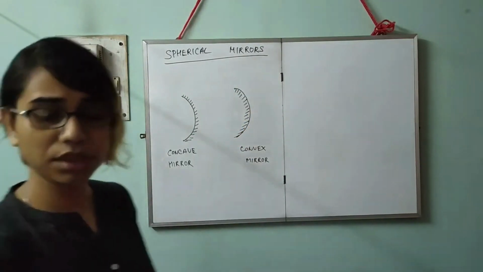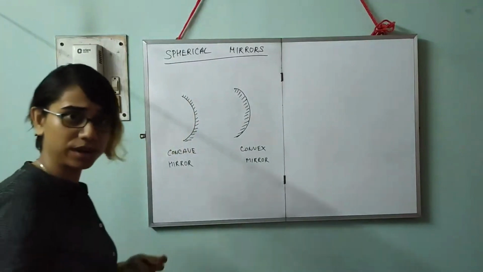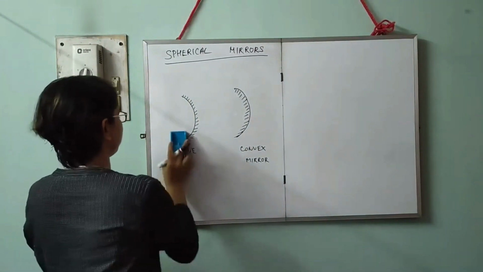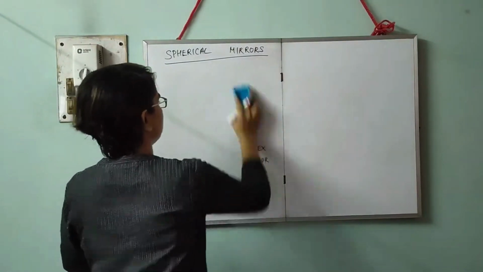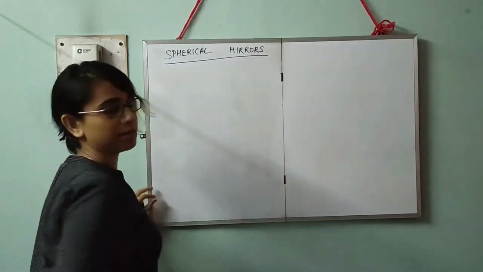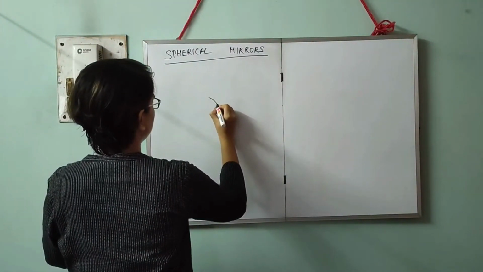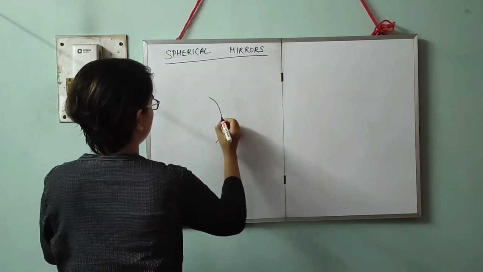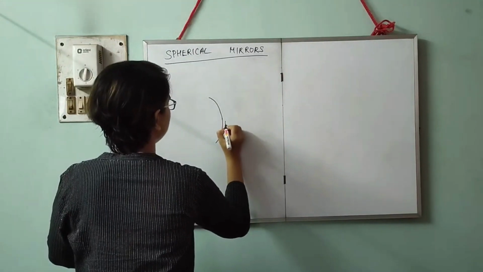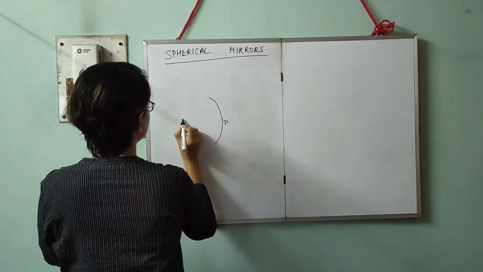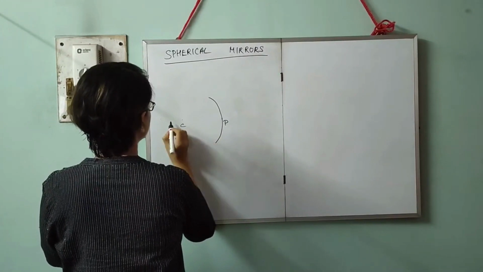Now, in case of a concave mirror, let us see where the focus is. What did we name this? This is the pole. Suppose here is the center of curvature.